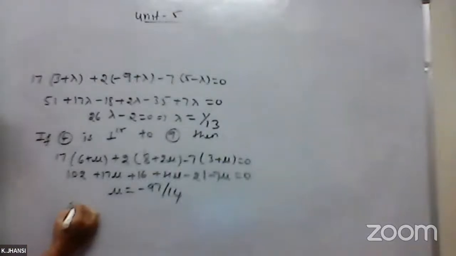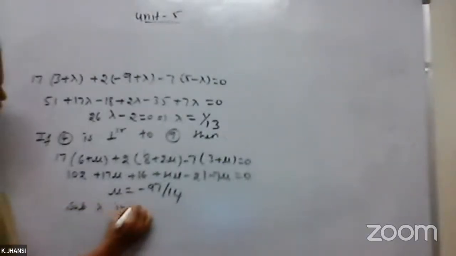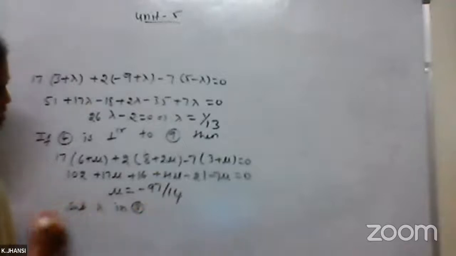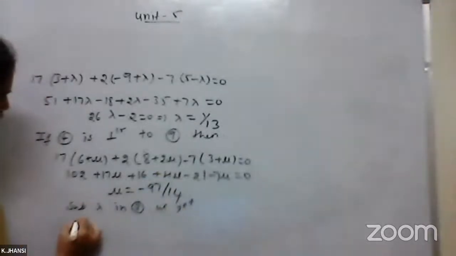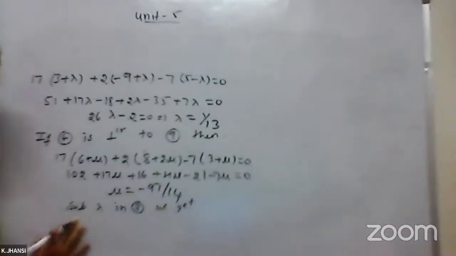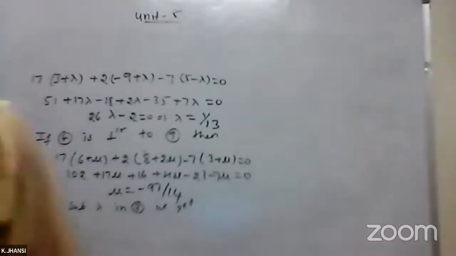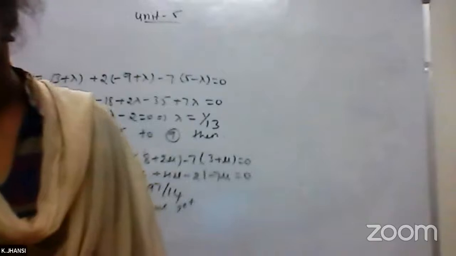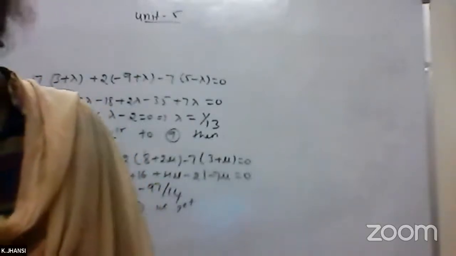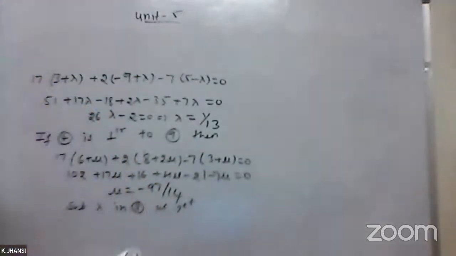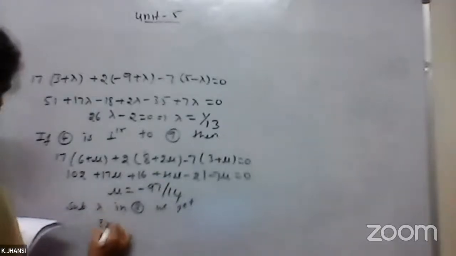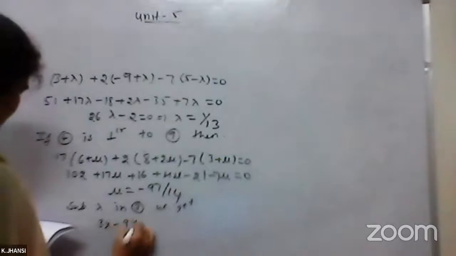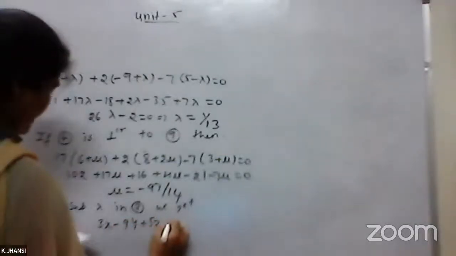So here substitute lambda in the third equation, we get x into, what is the third equation? x plus, okay, you write in this 3x minus 9y plus 5z.